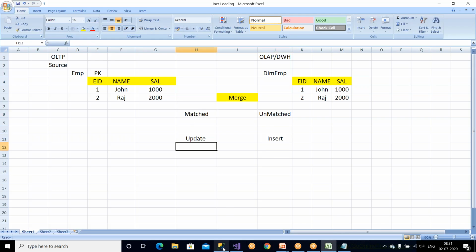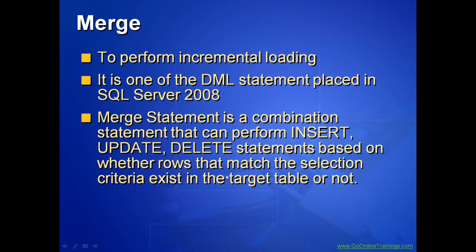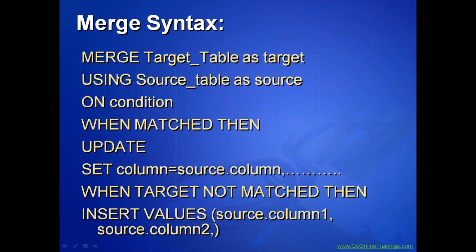Same syntax I'm going to be using here. So now you can understand the same syntax. Merge target table as target. This is the syntax of SQL Server. You have to say merge target table as target using source table. So here dim employee. Clear? Dim employee, as you give some alias, using source table as source on condition.